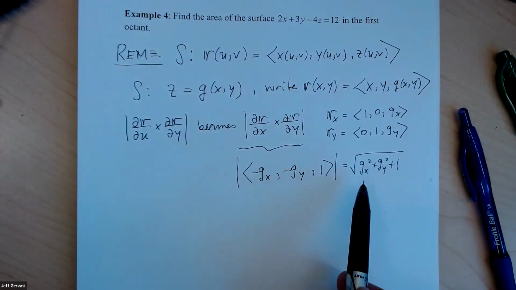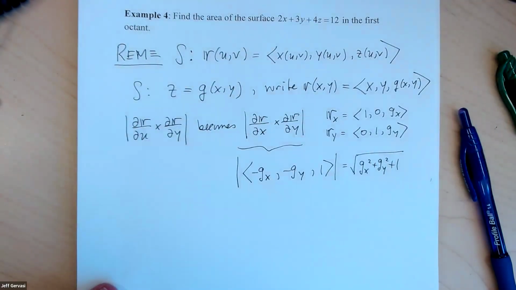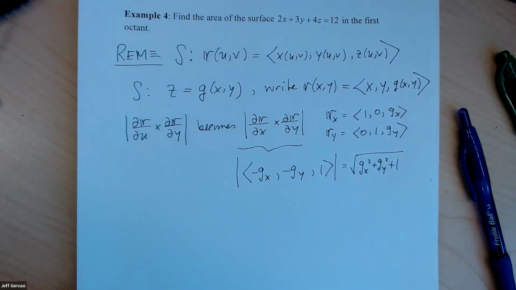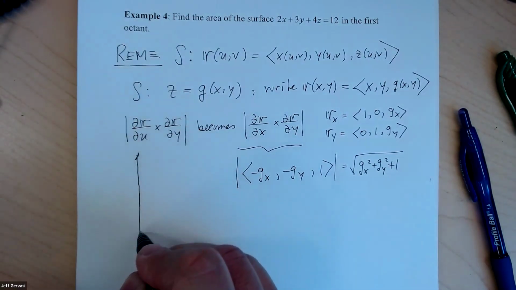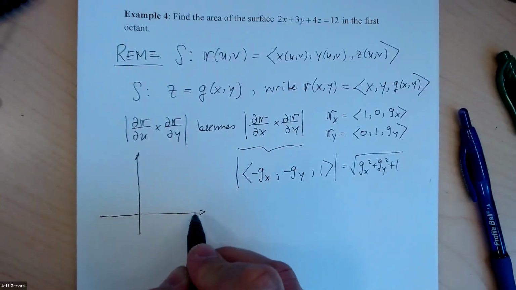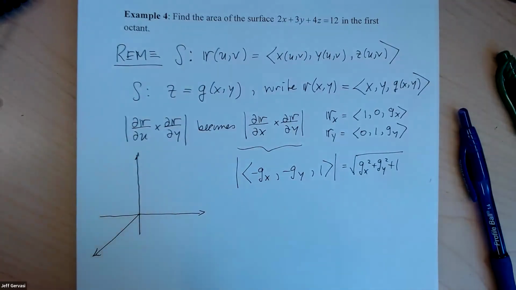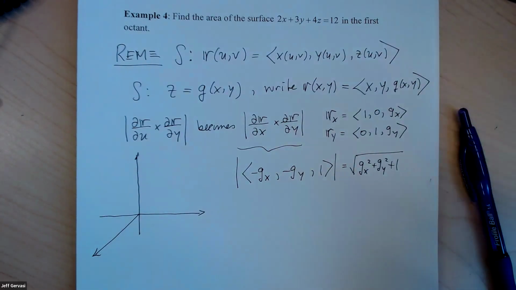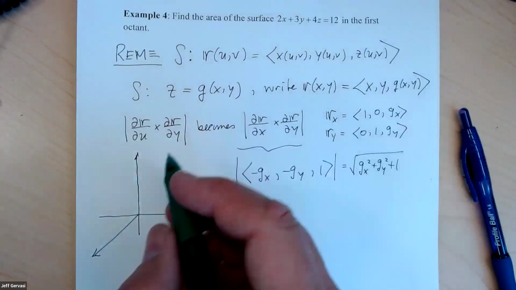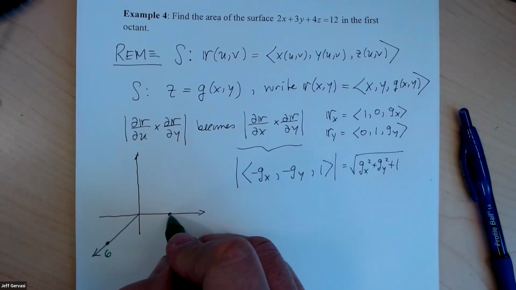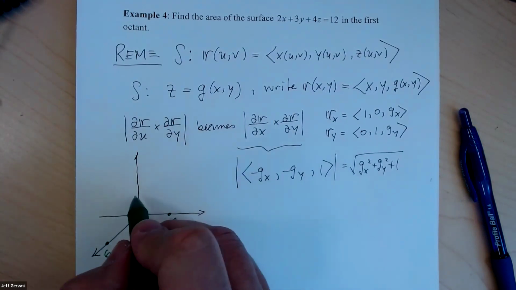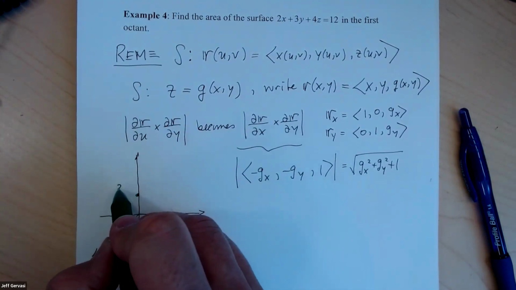So I think I'm going to use this for this particular example. In other words, I'm not going to use a parametric version for this one. All right, let's see what we're dealing with here. This is a plane in the first octant, and I'll use its intercepts to graph it. Looks like we're going to get 6, 4, and 3.